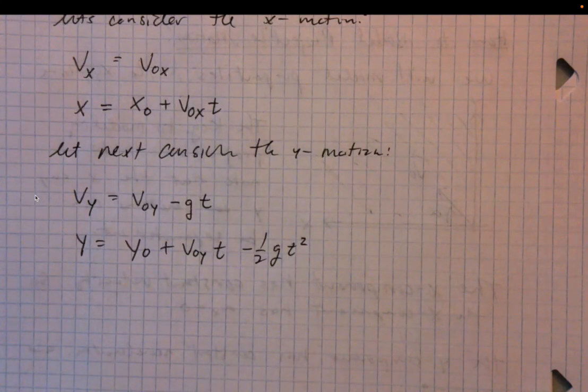Now, initial position, y naught and x naught, are usually taken to be 0, 0, right? So usually we'll coordinatize the problem such that the initial position is the origin of the xy plane.